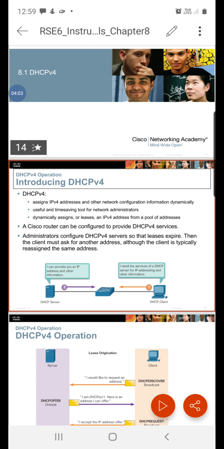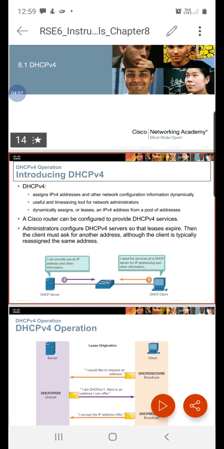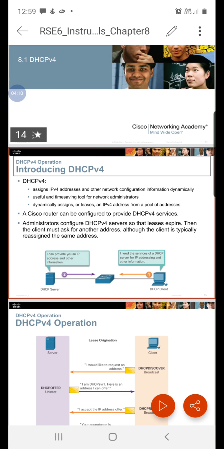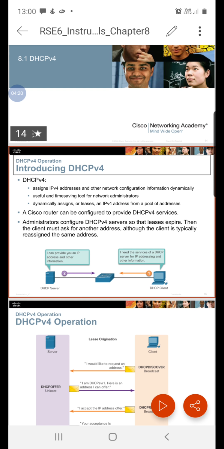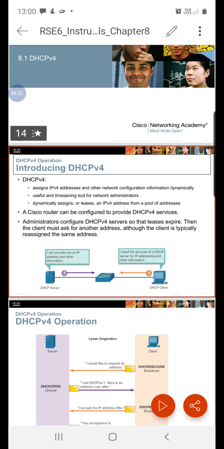So if you are using DHCP, then this is what is going to happen. Suppose the DHCP client, that is a device, is requesting an IP address. If it is the first time, it will request an IP address and get that address from the server. And as we said, there is a lease period. After the lease period expires, it has to request an address again from the server.